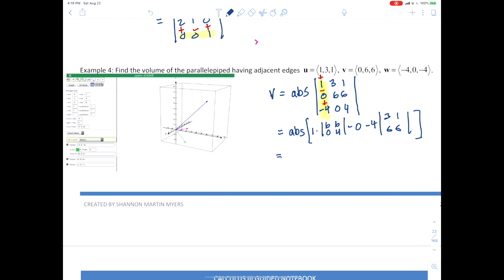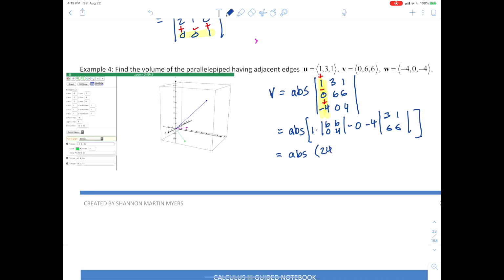And so we'll get the absolute value of 1 times 24 minus 0, and then minus 4 times 18 minus 6.